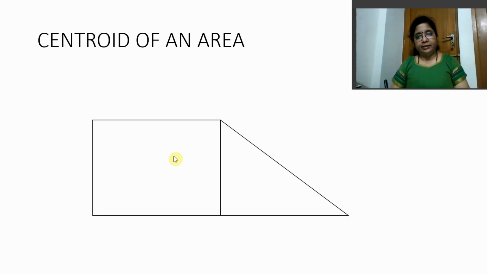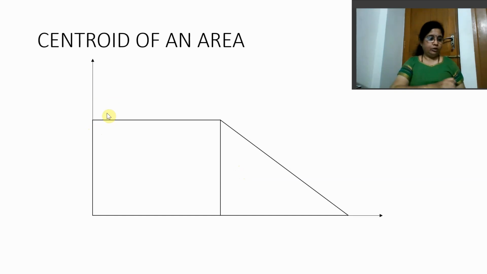Now we have two areas here, one rectangle and one triangle. So what is the first thing you do? First thing you do is put a y-axis and x-axis. I have not given you the parameters. Let me give you the parameters now. The parameters are, okay, this is 6 centimeter.